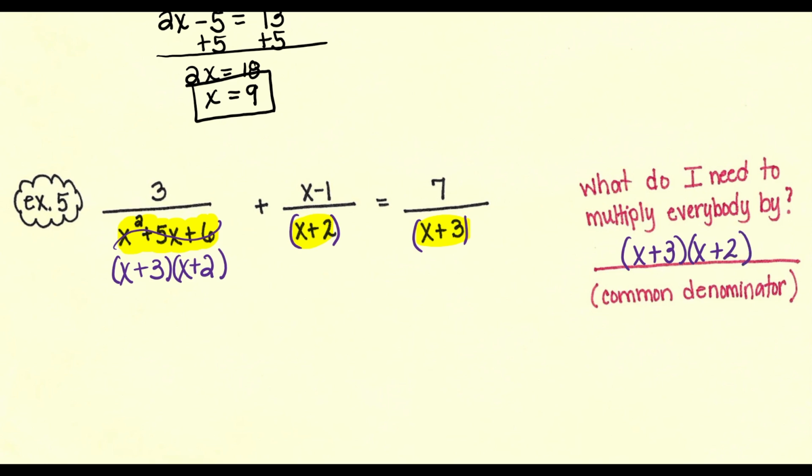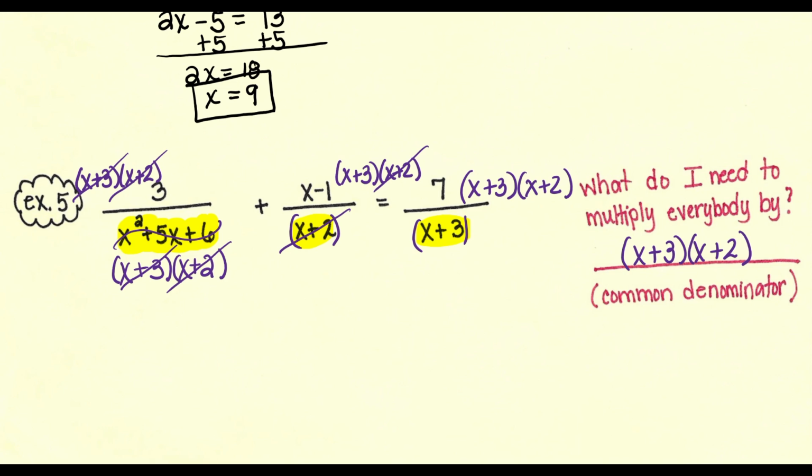So I'm going to multiply every single term by an x plus 3 and an x plus 2. Cancel everything that you can. The x plus 3's and the x plus 2's cancel. Your x plus 2's cancel, and here your x plus 3's cancel.